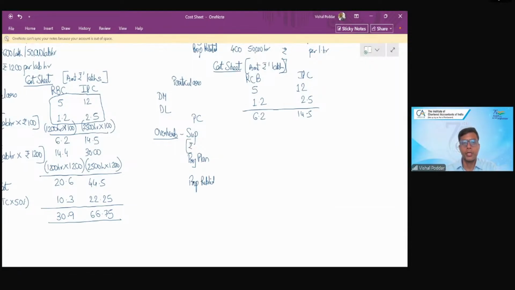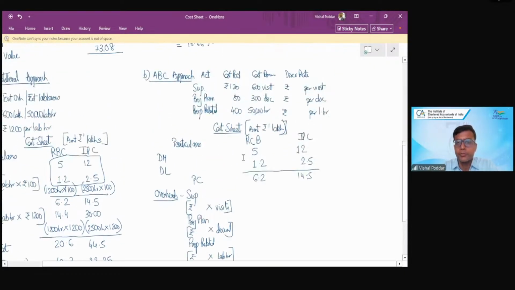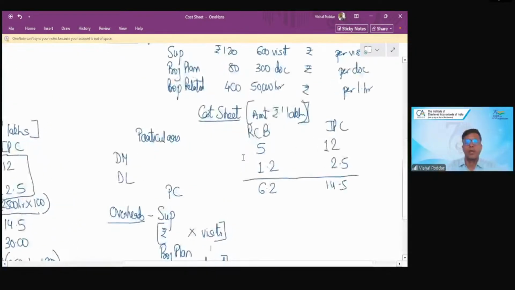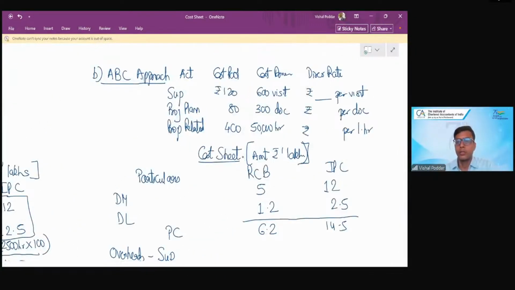Now, supervision activity, the charging rate, what we get, will be charged on the basis of visits, documents, and labor hours. Correct, students? Hope you have calculated this. The charging rates. Kindly provide me the charging rates.